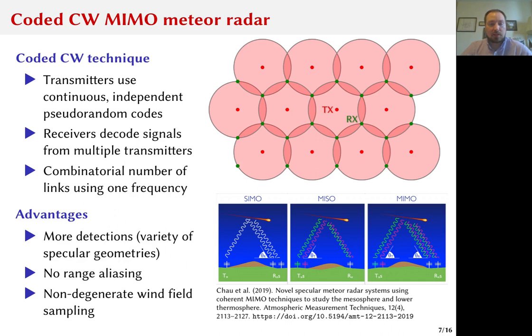Now, the new technique we're using is a coded CW MIMO meteor radar, where the coded CW technique uses transmitters that transmit continuously with independent pseudo-random codes. And then you can have receivers that decode those signals from multiple transmitters with little interference between transmitters because of the pseudo-random coding. And with that, you get a combinatorial number of links all over just one frequency.